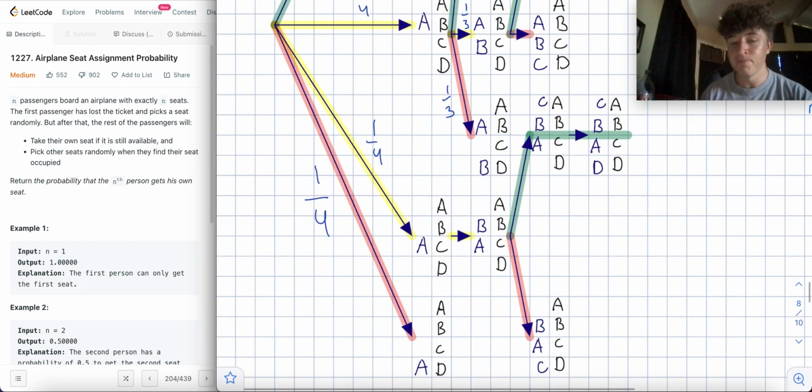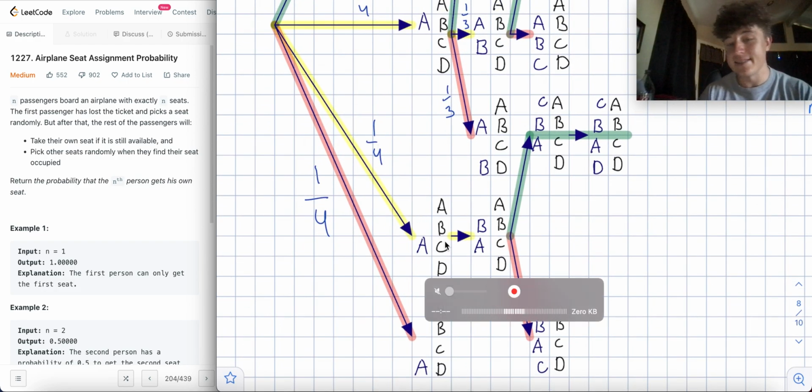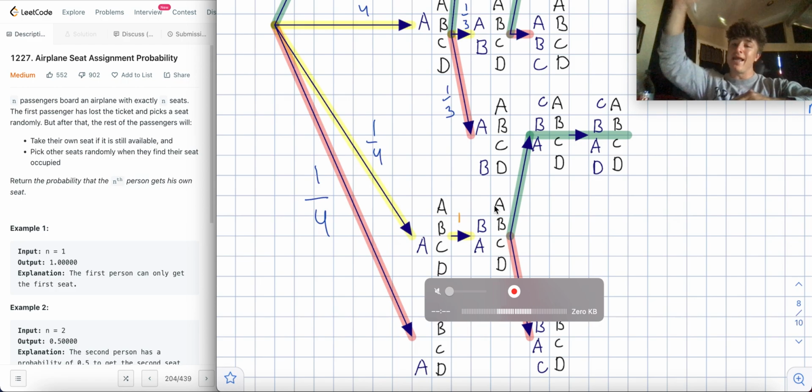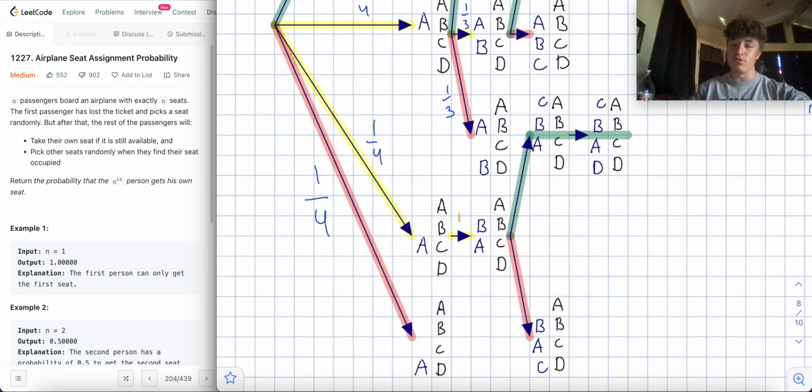Let's look at this other yellow branch. It's very similar. What if A takes C's seat? What's interesting here is there are not multiple choices, because B is going to walk up to his seat, see it's open, and take it. Only when we get to C do we have to do something random, because A took C's seat. Everyone in between A and C is going to sit in their own seat.